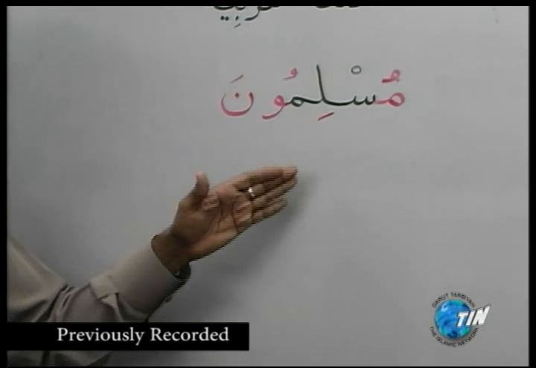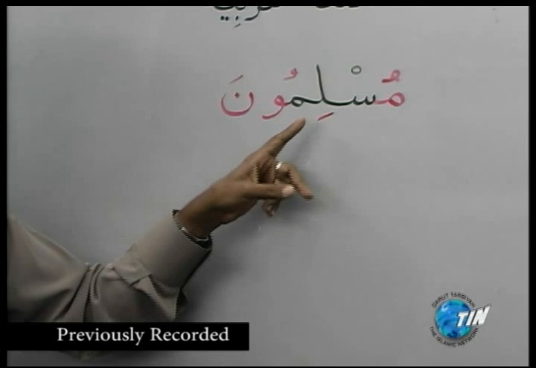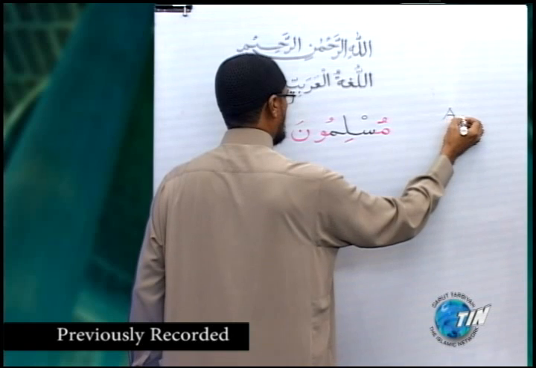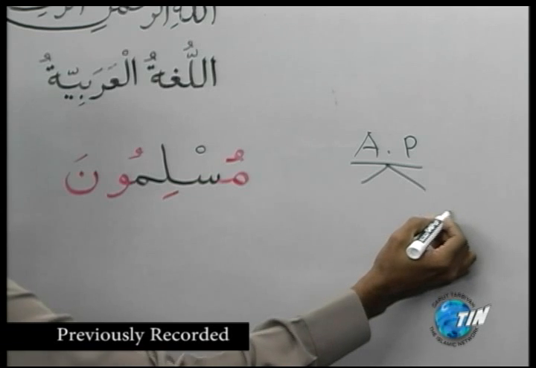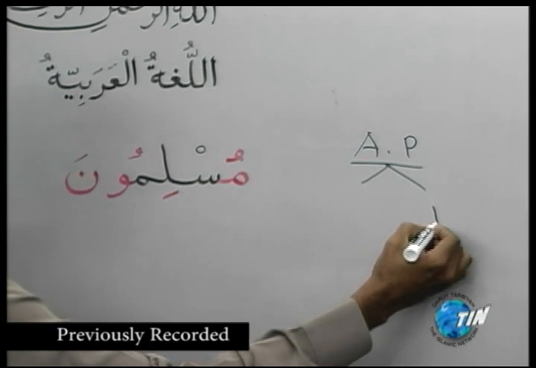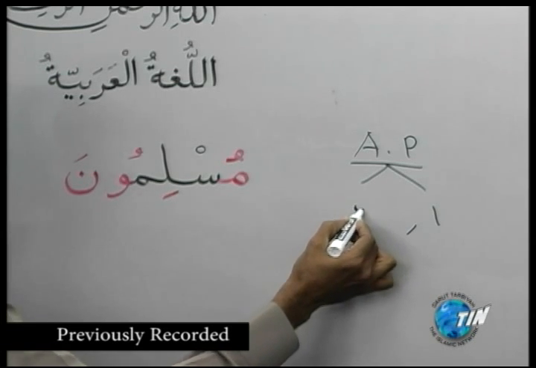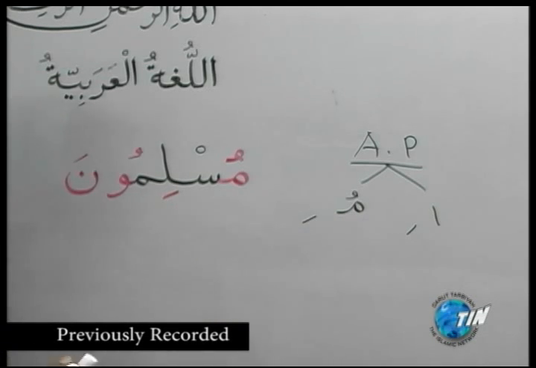So how do we recognize this type of noun? We say that the noun must begin with a meem dhamma, meem madmuma, and the second to last letter has a kasra. So we make a little note for the active participle. We have an alif after the first letter, and we have a kasra on the second to last letter. And then the next way is meem dhamma, and the second to last letter with a kasra.